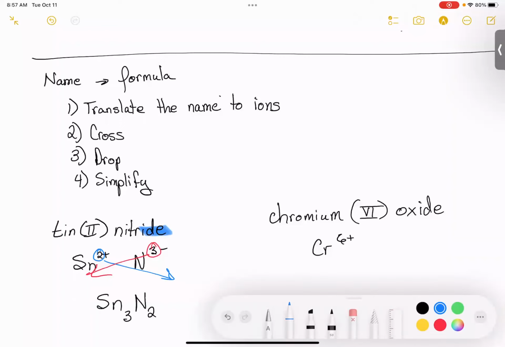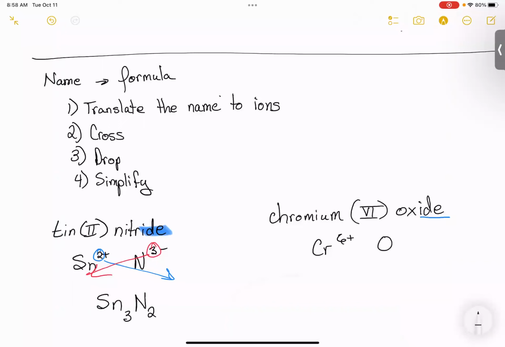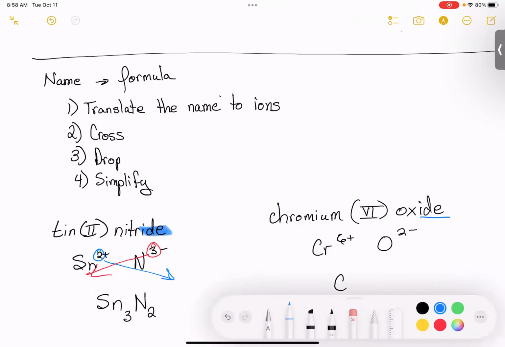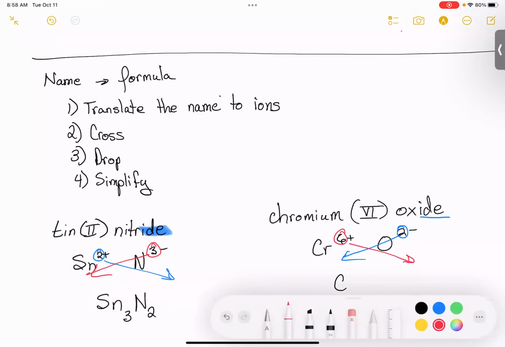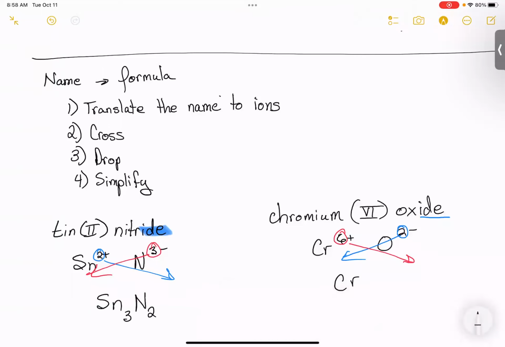Again, I spot the ending -ide, other than for a very select few. That means it's an anion of an element. So it's the anion of oxygen, which is a 2-. We'll cross and drop. So on our chromium, we're putting a 2, on our oxygen, a 6.